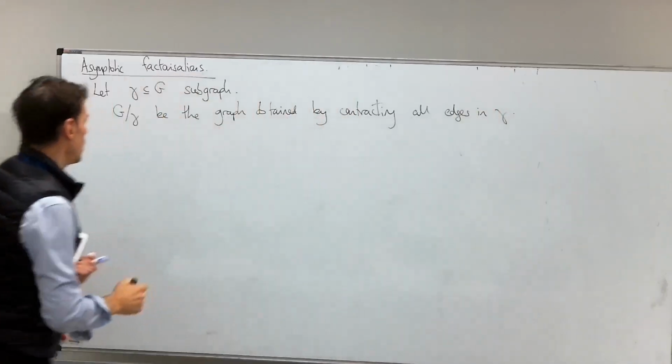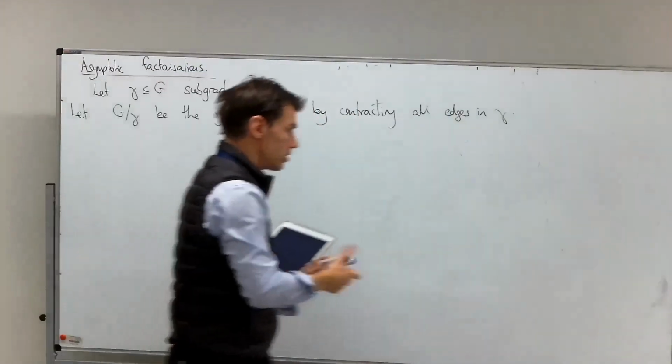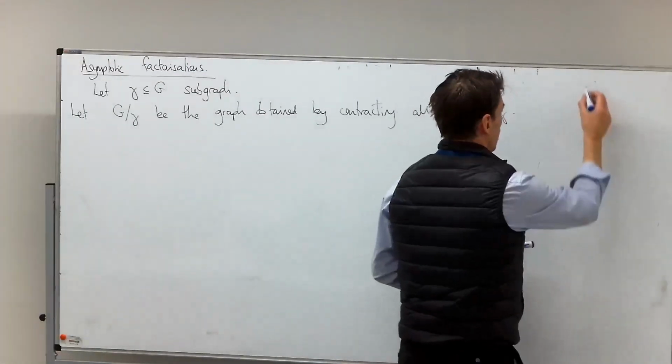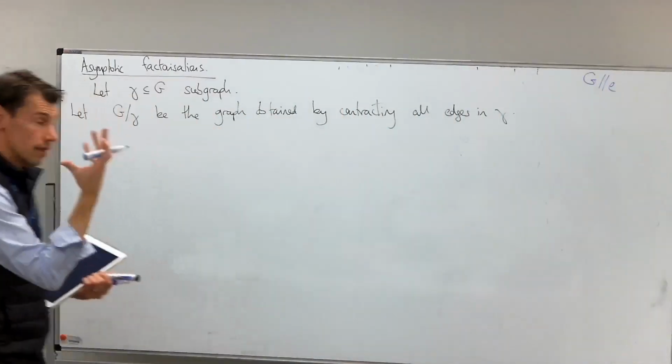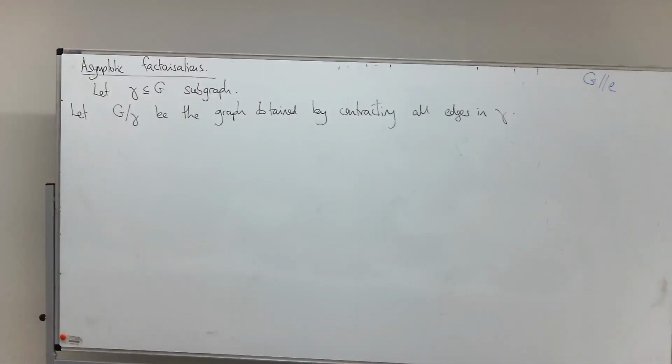Now be careful here. Earlier I had a different notation, G double slash, and that notation meant that if you had a loop or tadpole, it gave 0.